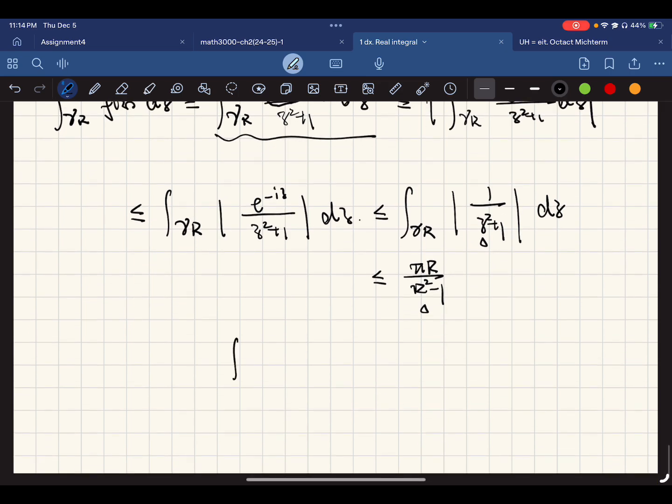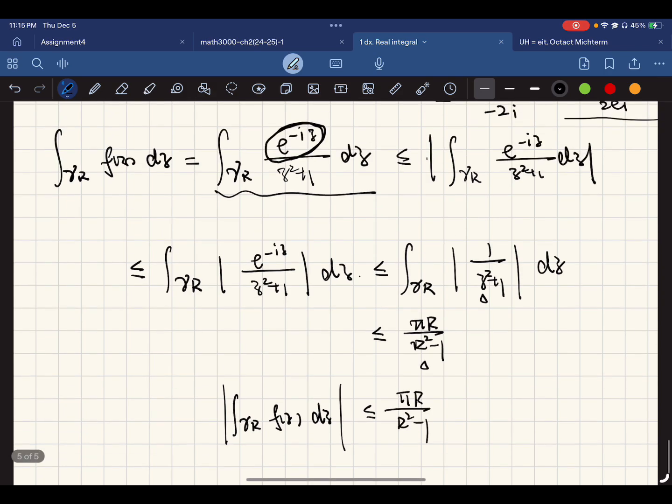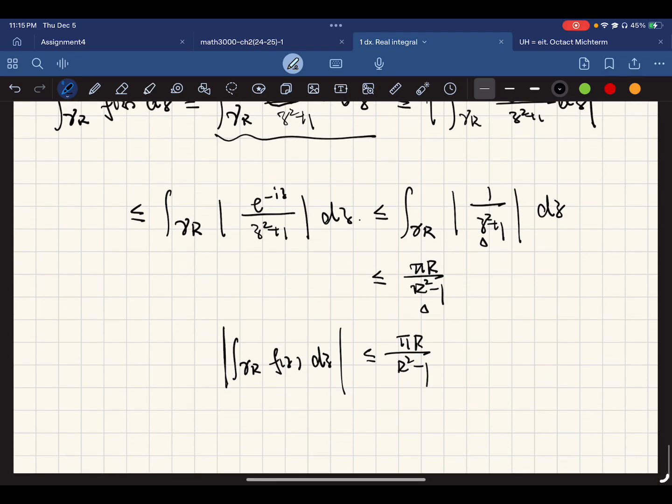We finally get that the absolute value of the integral over gamma r of f(z) dz is less than or equal to pi r over r squared minus 1. Taking its norm, it is greater than or equal to 0. And as r tends to infinity, this part tends to 0. It's easy to figure out, right? Just use L'Hopital's rule or whatever rule you want.